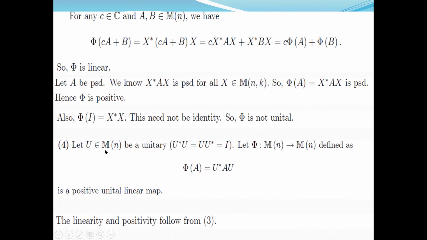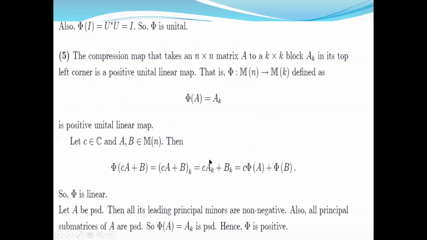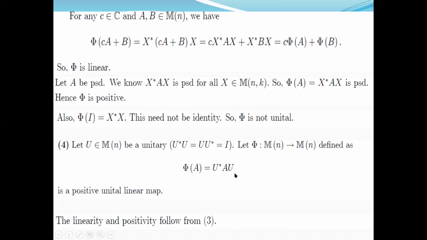Now instead of X, let us take U to be a unitary matrix. Then this map from Mn to Mn, defined as phi(A) = U star A U, is a positive unital linear map. Positivity and linearity are just the same as for phi(A) = X star A X. And why is it unital?